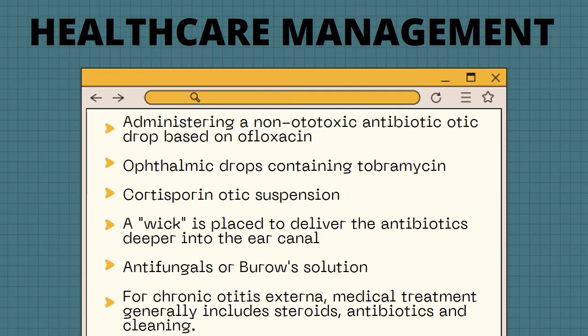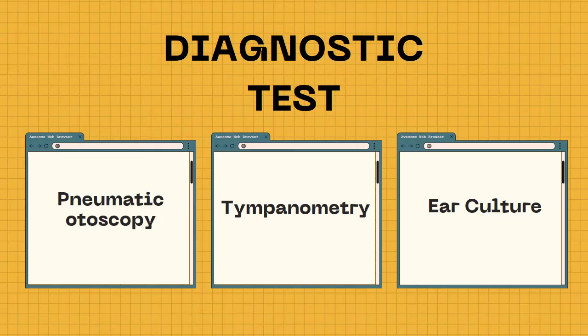Fungal infections are more frequent in this population, and treatment may include the use of an antifungal medication. For chronic otitis externa, medical treatment generally includes steroids, antibiotics, and cleaning. Eventually, surgery to widen the ear canal may be required.